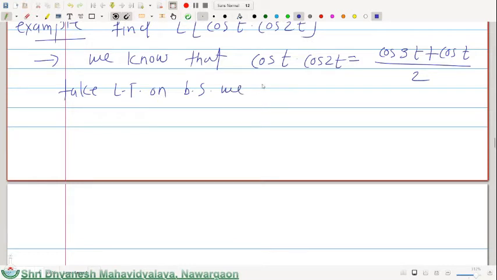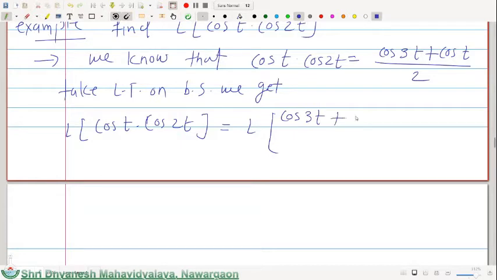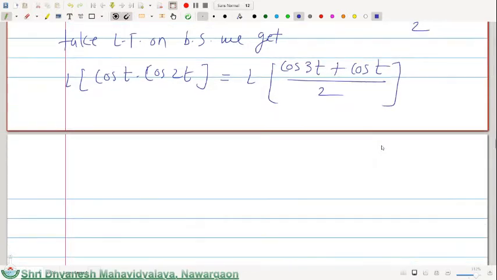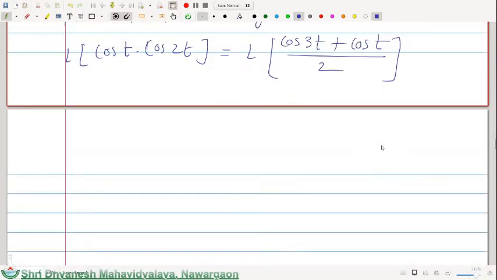We get Laplace transform of cos t into cos 2t equals Laplace transform of (cos 3t plus cos t) upon 2. Now again by linearity property, what will we get?